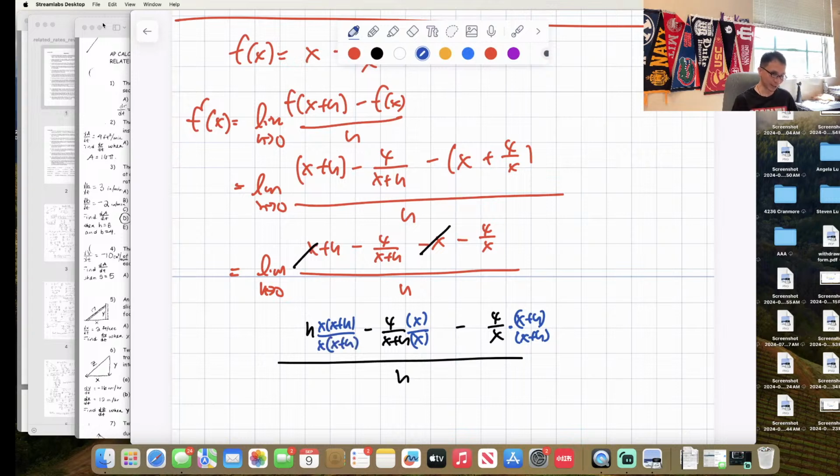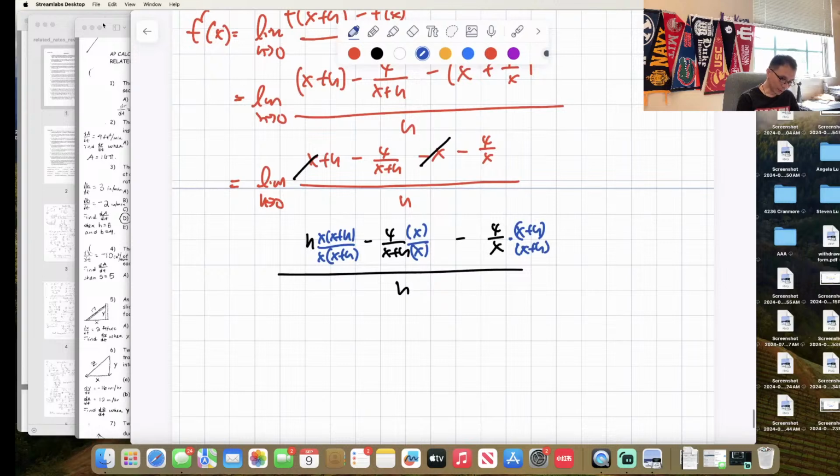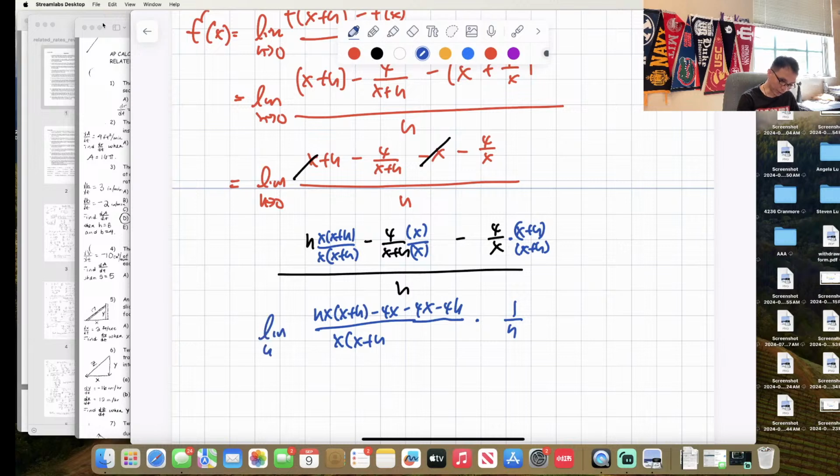Now everything has the same denominator, so I can combine: x plus h here, and this is x times (x plus h) minus 4x minus 4x minus 4h, times 1 over h, when the limit h approaches 0.